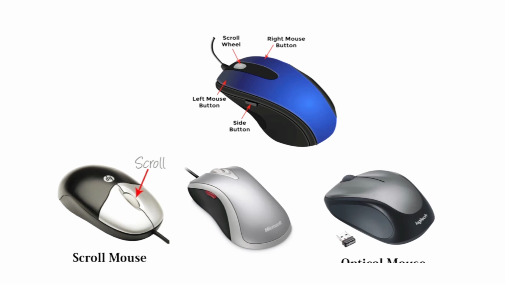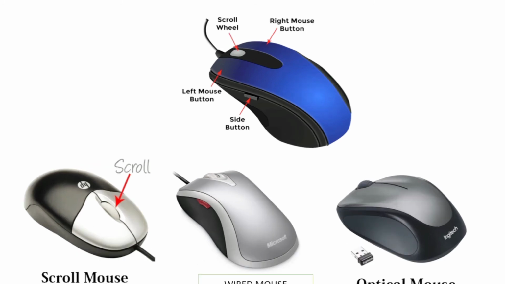Now the next type of mouse is the wired mouse. It is a mouse that connects to the computer with a wire. Earlier, mice were all wired. It has now upgraded to the optical mouse.